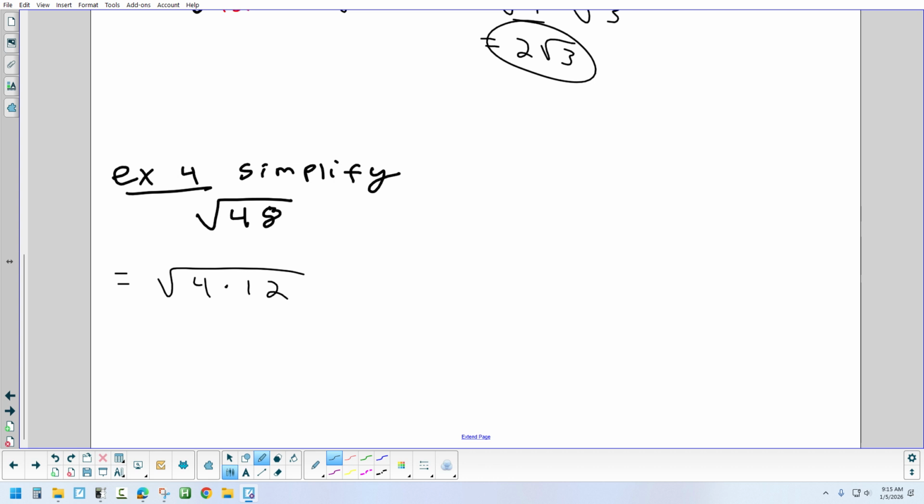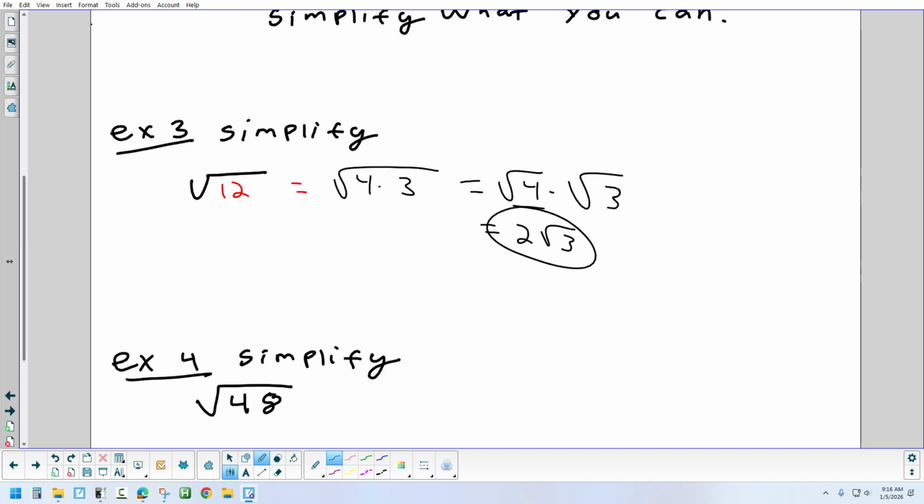Split that into 2 roots. And what is the square root of 4? 2. But we're not done with that one, because we made 12. Right. We already know square root of 12 is not done just by itself.